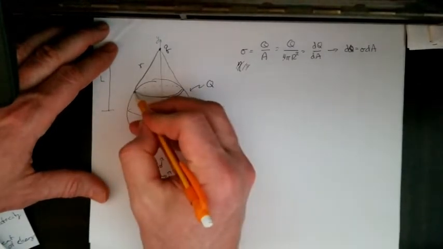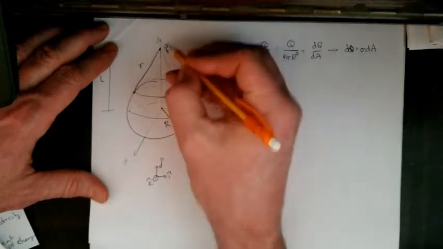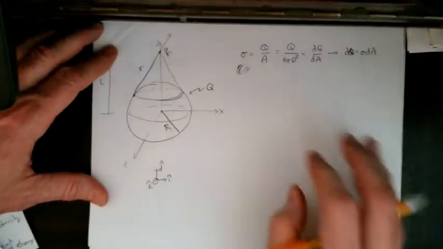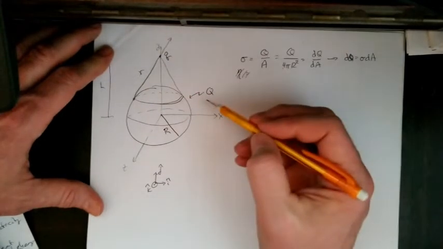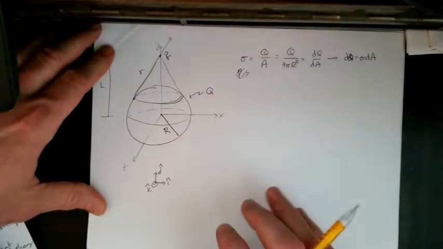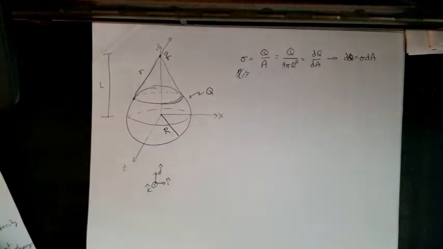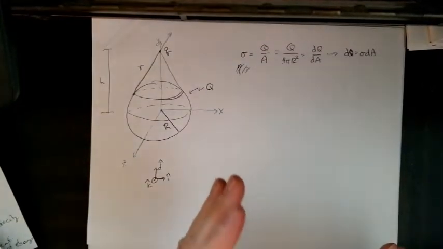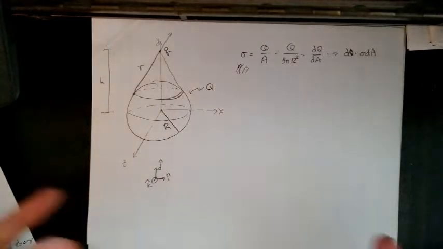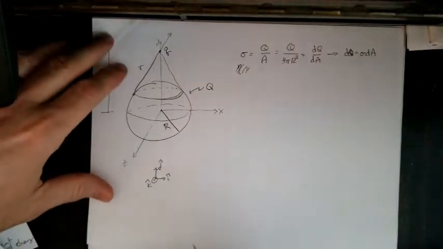If I take a look at this charge right here at this particular point, it's creating a force in that direction right there. Now, we don't know if big Q or little q are positive or negative. Generally, when you're doing something like this, you assume that they're positive. If it's negative, then the math still holds. You just put a minus sign into the math equation and it flips the direction around.